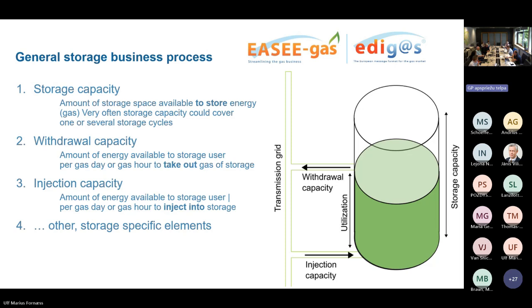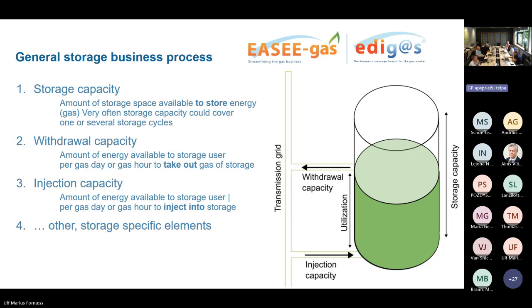But in general, there can also be other storage-specific elements, and it's not always possible to say that there are very strict limitations in the way storages operate. There might be different requirements based on the storage type, the operations, or maybe local market regulations.